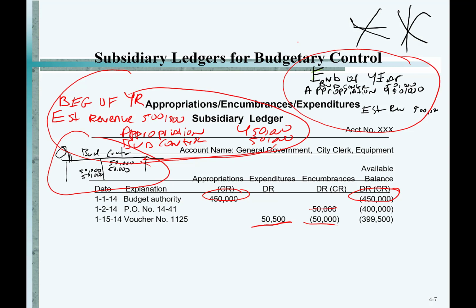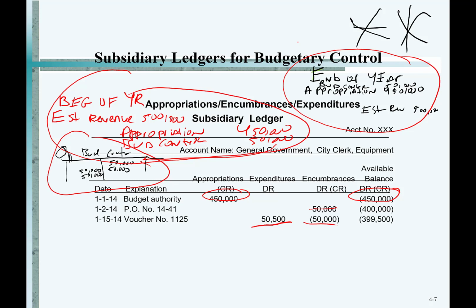I credited my appropriation for $450,000. And then I credited budgetary control for $50,000 in this little example. So I'm going to post that $50,000 credit to budgetary control.